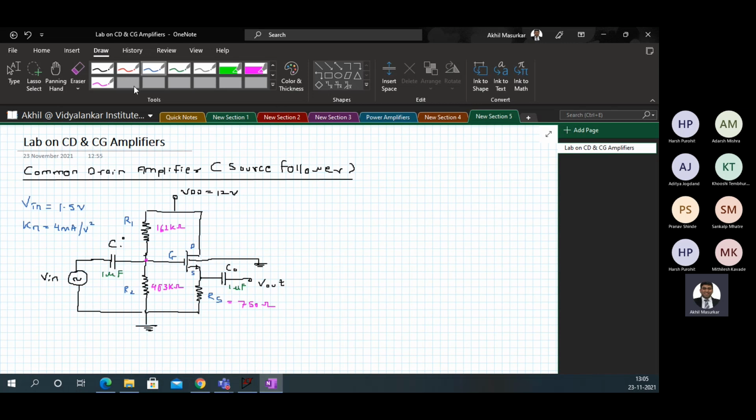So the objective in this problem is obviously to find out VGSQ, ID and then finally the gain.